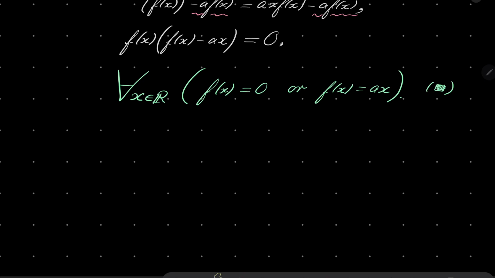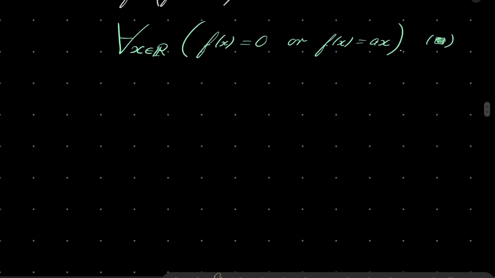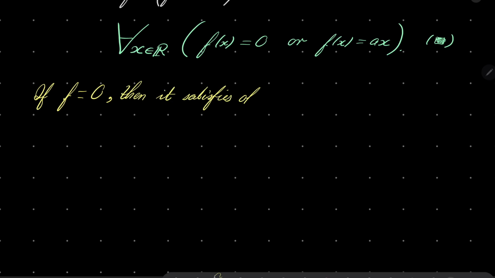Alright, now let's take a look. If our function is constantly 0, then it satisfies obviously condition asterisk, because on both sides we have 0.